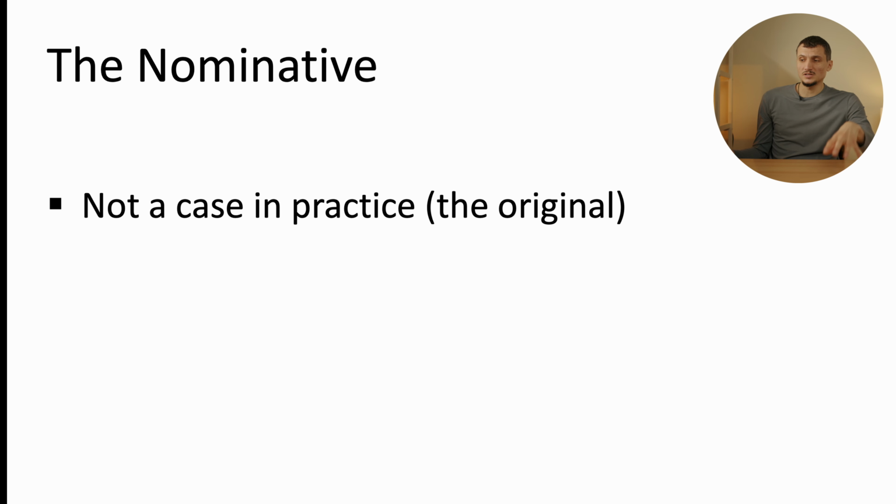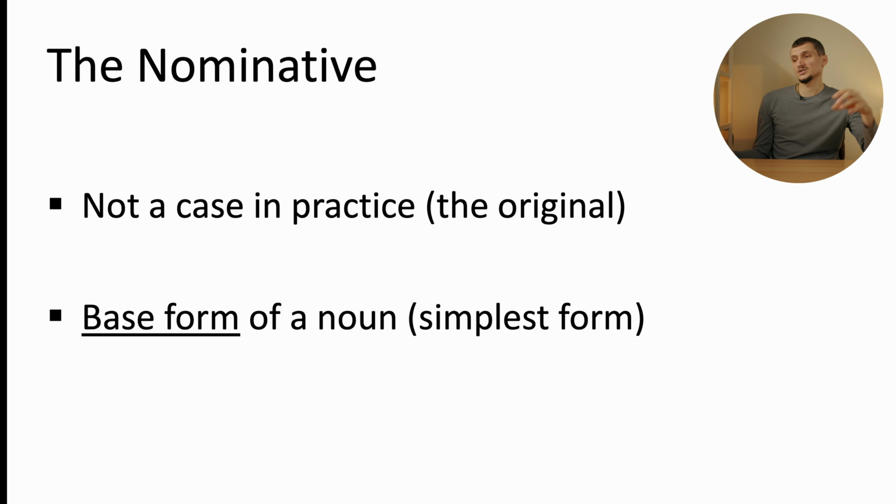And so the nominative is the only case that's not a case in practice. So we can think of it as the original and the remaining 5 as different versions of that original, slightly different copies of that original. And so the nominative is the base form of a noun. That is the simplest form of a noun, and the one we learn first.